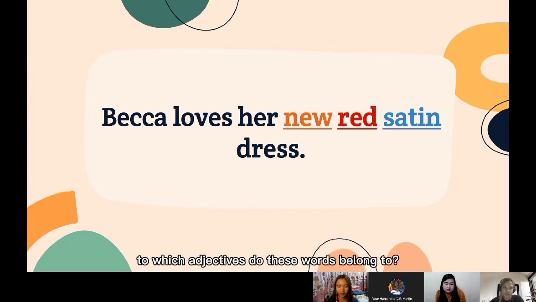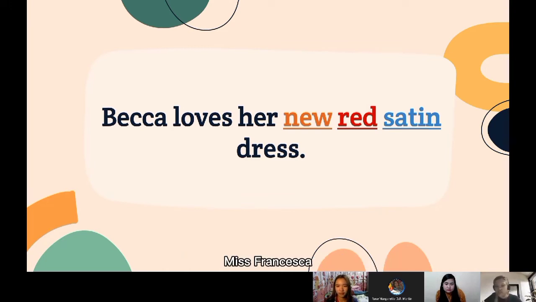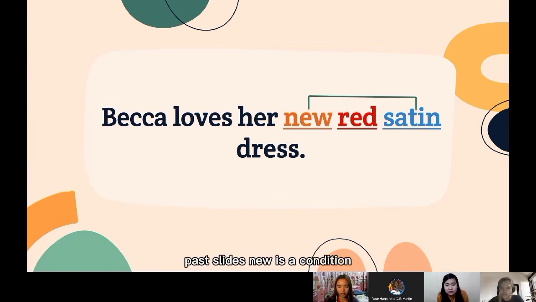Now, to which type of adjectives do these words belong? Miss Francesca, which type of adjective do they belong to? Okay, so based from the past slides, new is a condition, red is a color, and satin is the material.